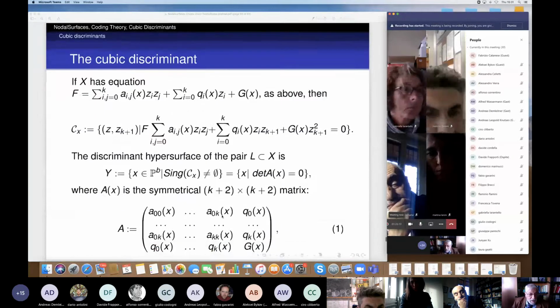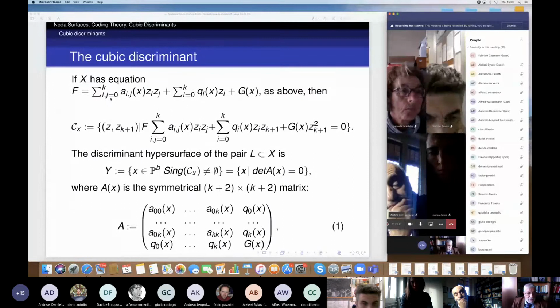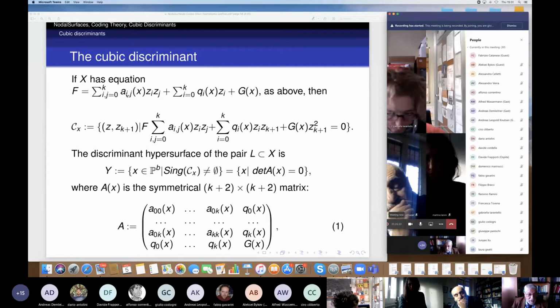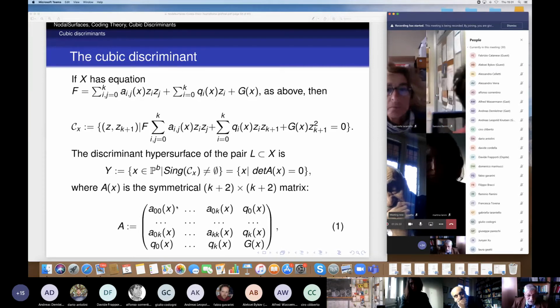And it boils down to this: if you take the equation of the cubic as developed in the variable x, this is degree 1, so it's the sum of aij zi zj, plus terms quadratic in x times zi, plus g. Then you get a matrix with some linear forms, quadratic forms, and g.